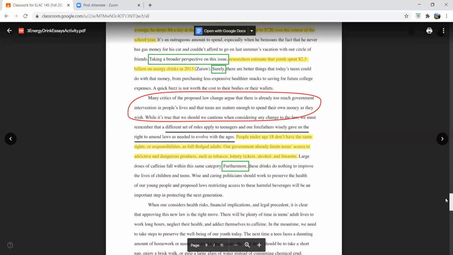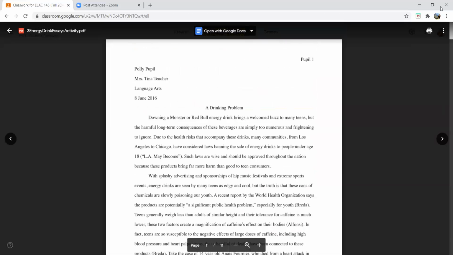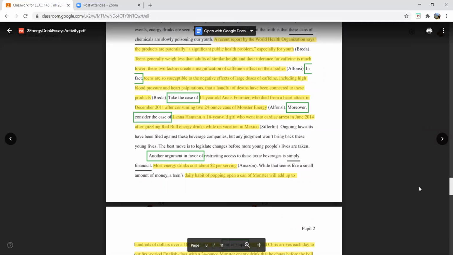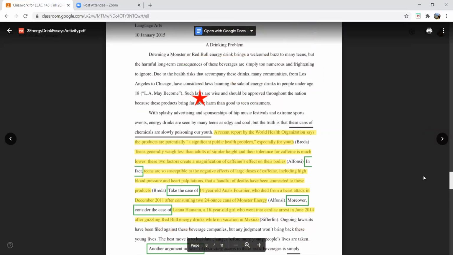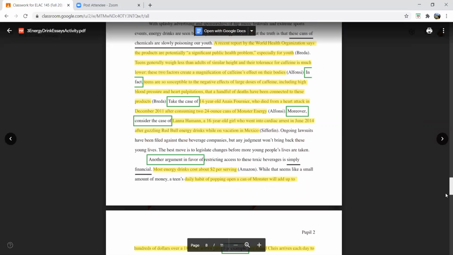All right. I think I'll just keep going about the transition words. Why make another video? You guys are already here. So let's take a look at where these transition words are. They have them in green. We can see they're usually at the beginning of a sentence.